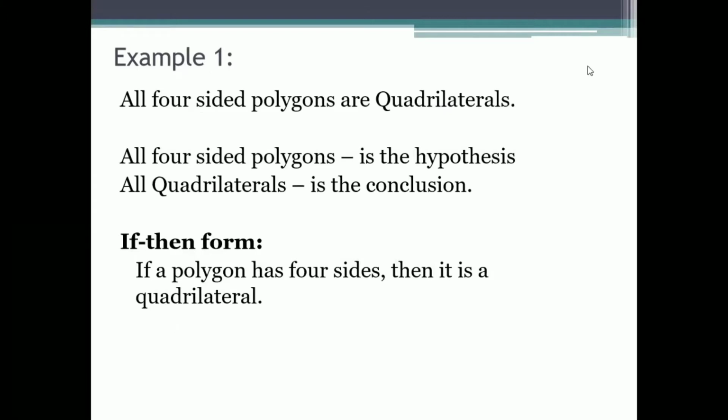So if a polygon has four sides, then it is a quadrilateral. Okay? Hypothesis, then conclusion, because after if is the hypothesis and after then is the conclusion. So again, our if-then form: if a polygon has four sides, then it is a quadrilateral.